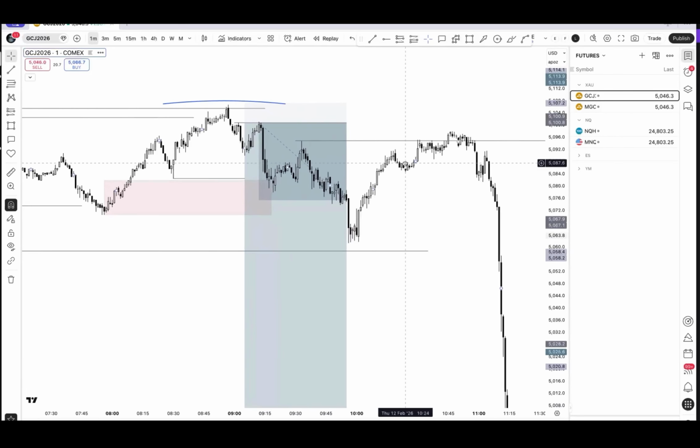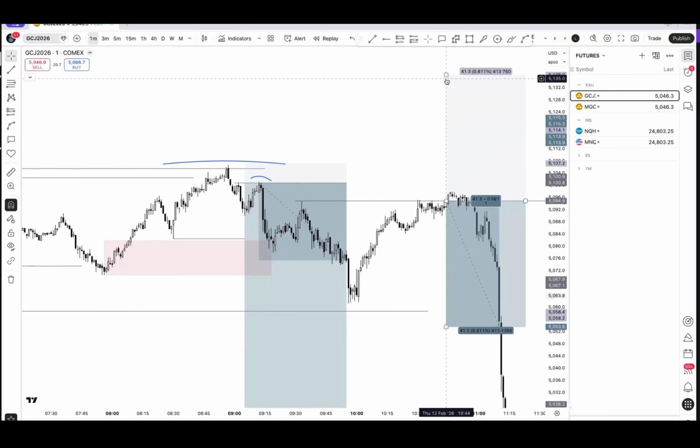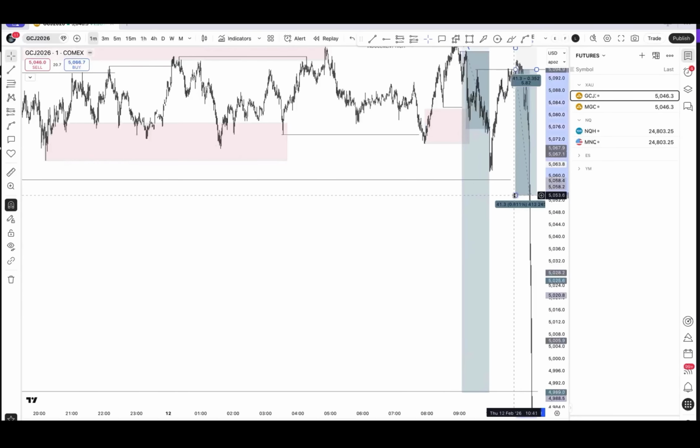So once that sold off, you have your LB right here. As soon as the inducement high is taken, you take that entry to the lows.